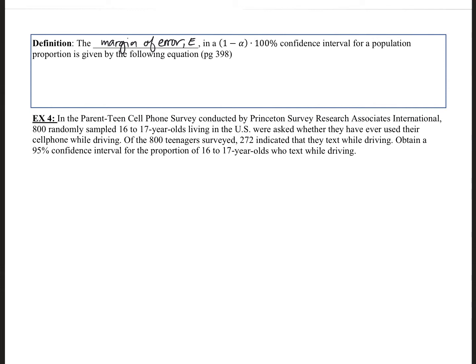That would be marked wrong. So, in a 1 minus alpha 100% confidence interval for a population proportion, the margin of error is given by the following equation: E equals z alpha divided by 2 times the square root of p hat times 1 minus p hat over n. A lot of these equations are pretty similar.